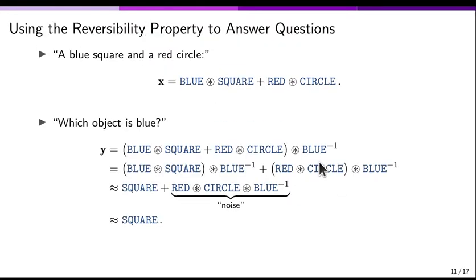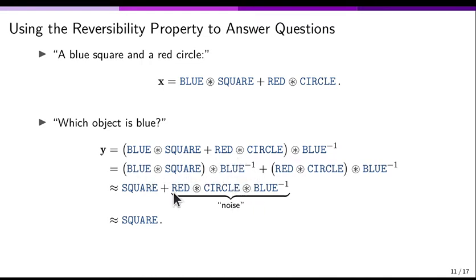As long as I've chosen operations that do the expected things across parentheses and addition, I can bring that inside. In actuality, the only thing I have sitting around is the vector x. I take x and bind it to the inverse of blue.